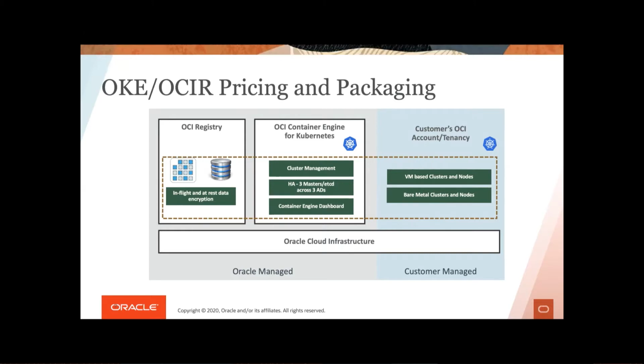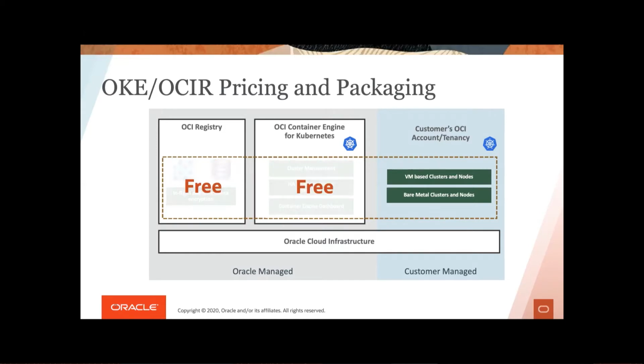Users will manage the cluster or the worker nodes that are set up by the managed service for that instance, in their own OCI account and tenancy, and that's shaded in blue above on the right. Users do not pay for any of the Oracle managed container infrastructure.